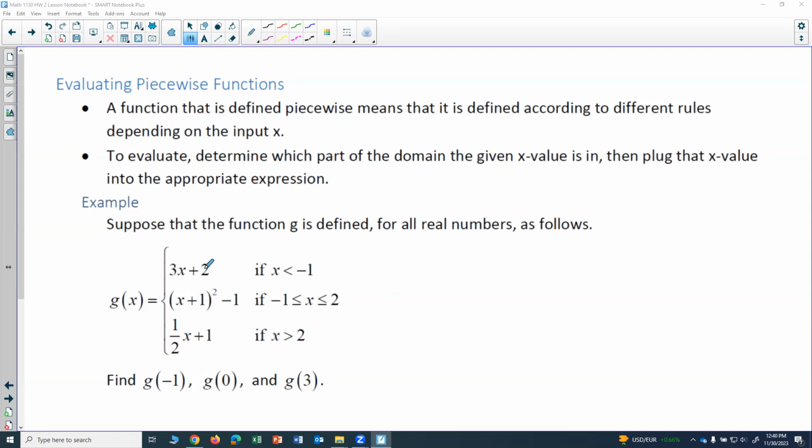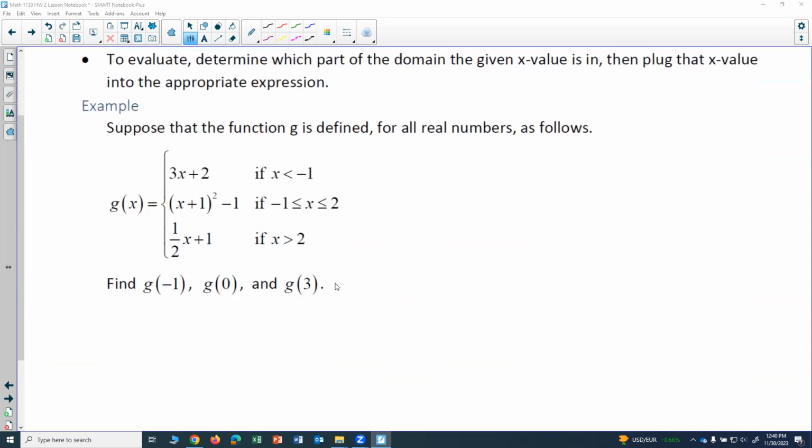So you can see that we have three different rules for g depending on what our value x is. So what we want to do is, for each of the values we're trying to determine, figure out where that x value falls and then use the appropriate definition for g of x for that x value.